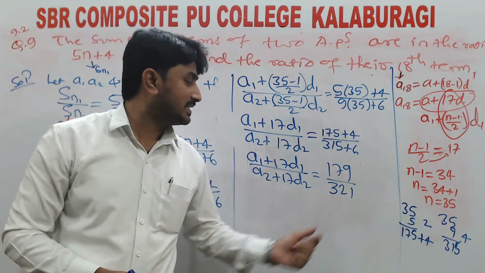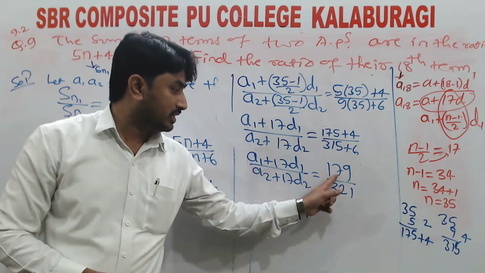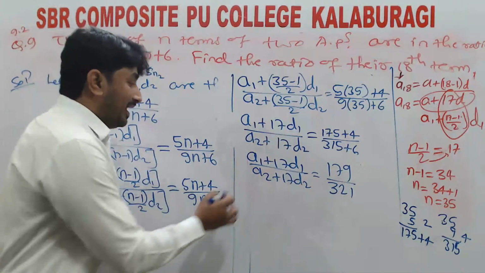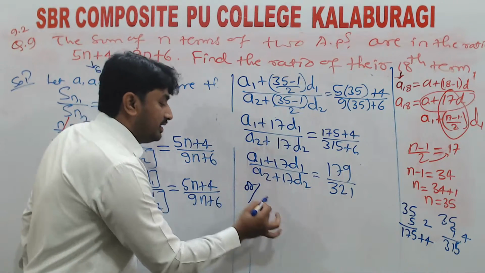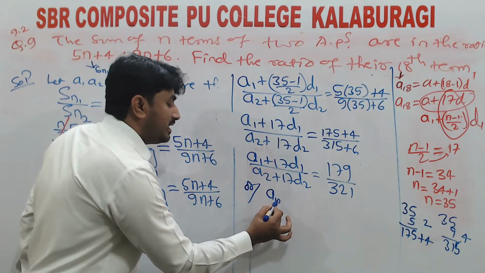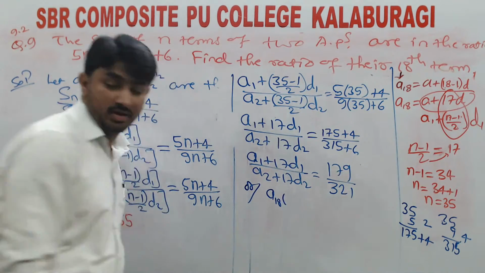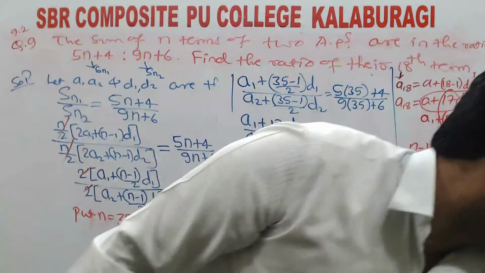And these two numbers are non-divisible. Or you can write it as the 18th term of the first AP over the 18th term of the second AP; otherwise, you can write it as a ratio.